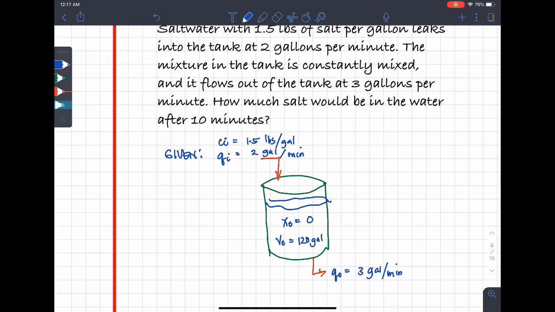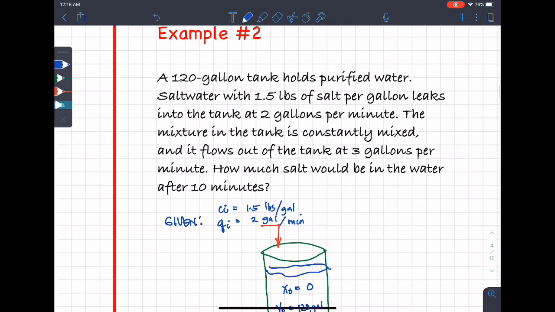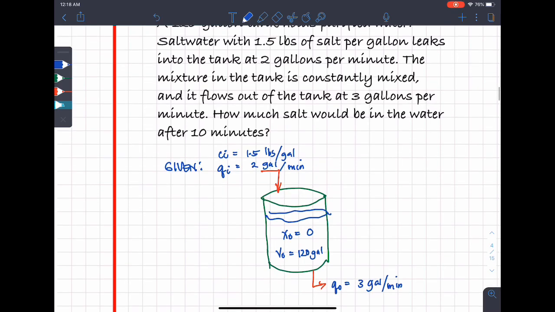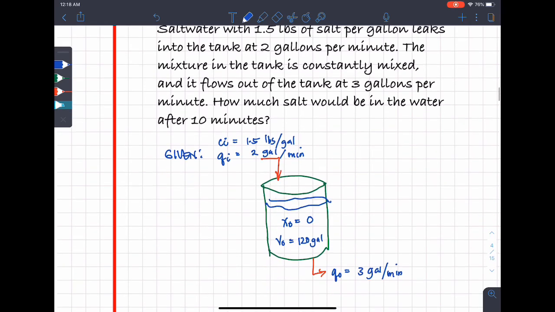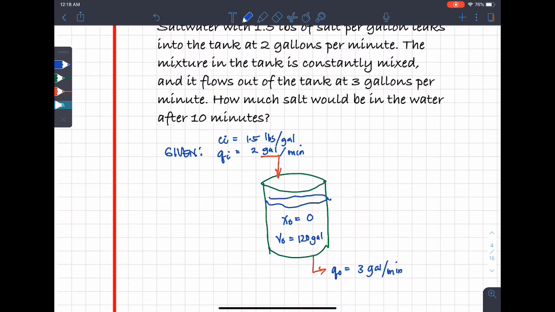So since the output volumetric flow rate is faster compared to the input, there is a possibility that after some time the tank, holding the mixture of purified water and salt water, will be emptied in the future.